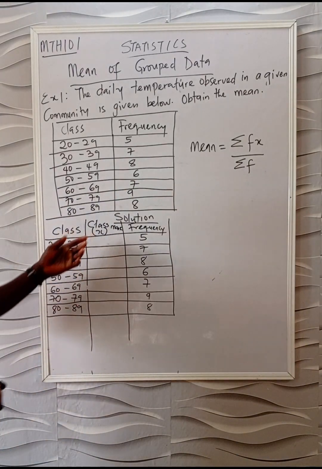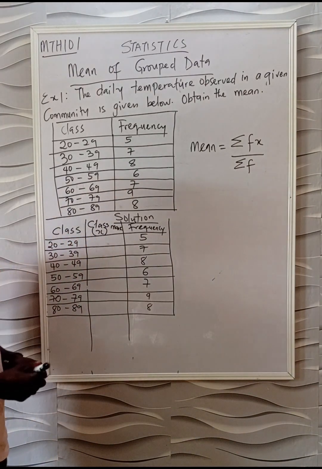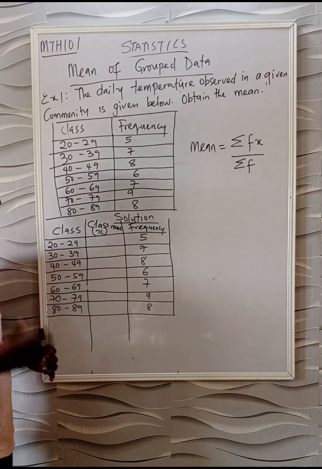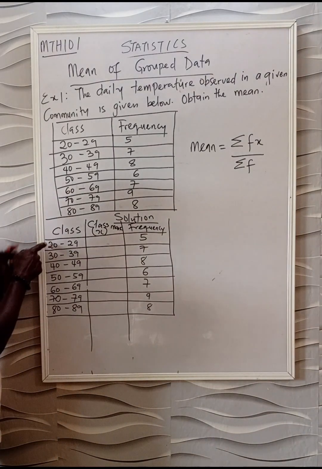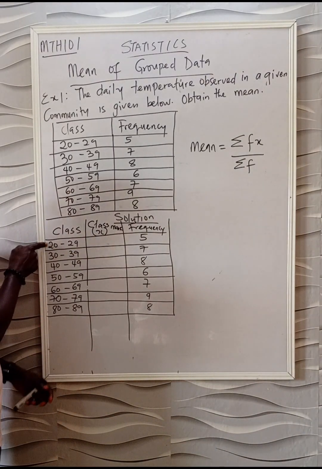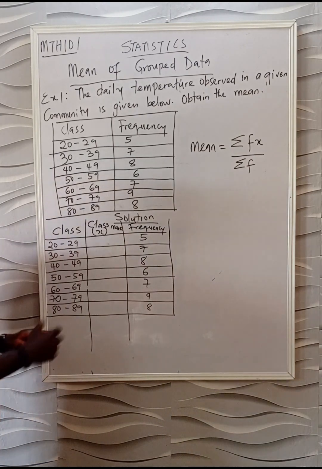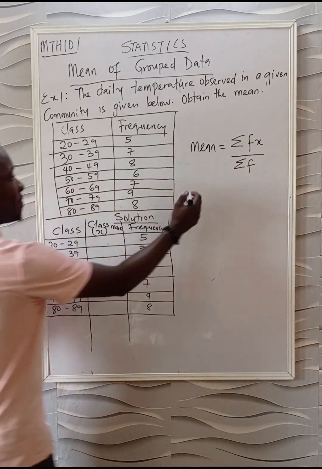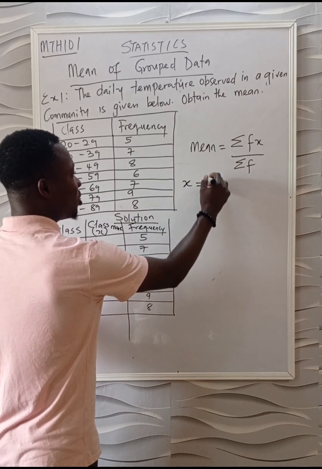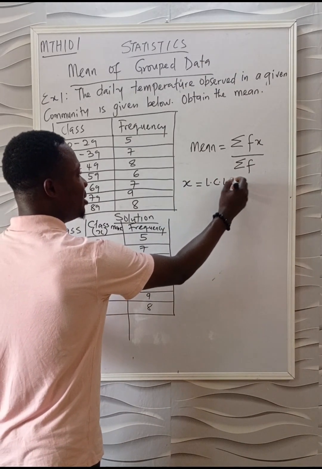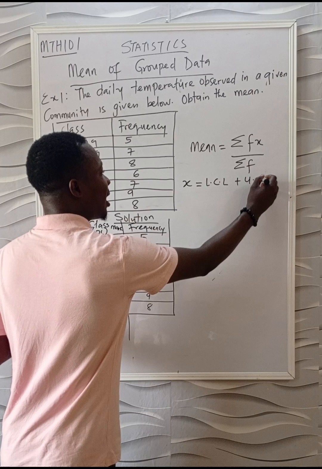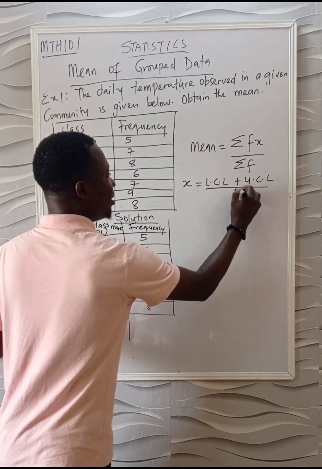So how do I get the class mark? We call this the lower class limit and this the upper class limit. So x is equal to the lower class limit plus the upper class limit, divided by 2.